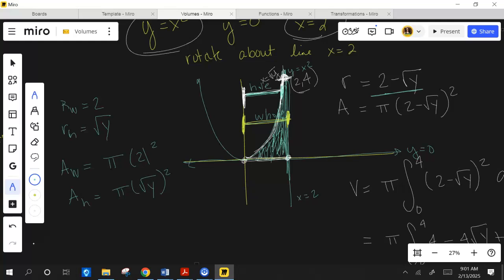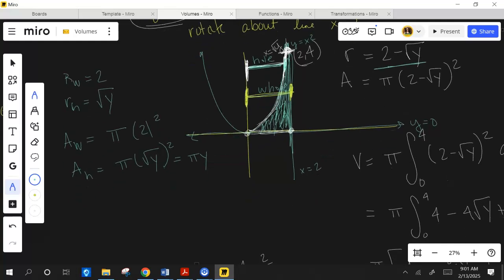If you're rolling this way, you're x. If you're rolling like this, you're y. Okay. Area. So I'm integrating. I'm still going from 0 to 4.